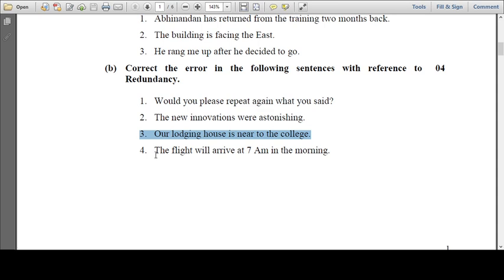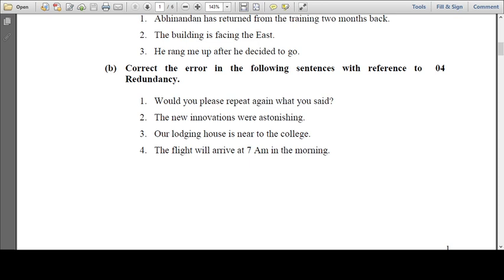Third one. Our lodging house is near to the college. House.